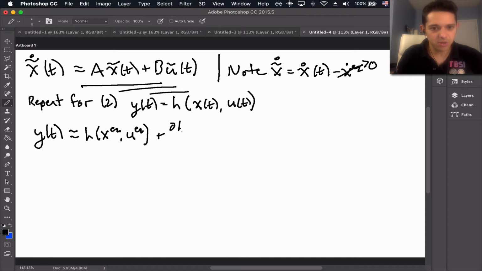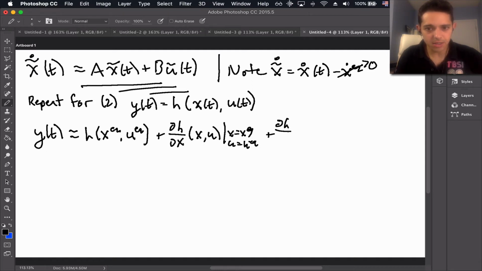And then the first order terms, there will be two of them, one with respect to x, evaluated at the equilibrium, and then finally a second term here, which is the Jacobian with respect to u evaluated at the equilibrium.